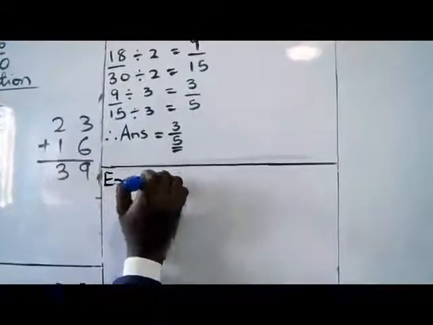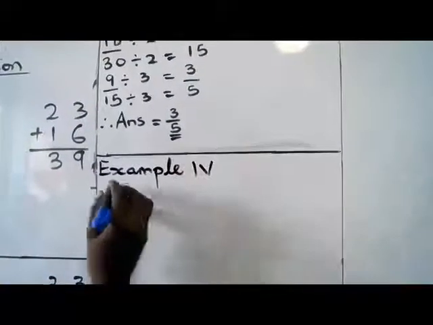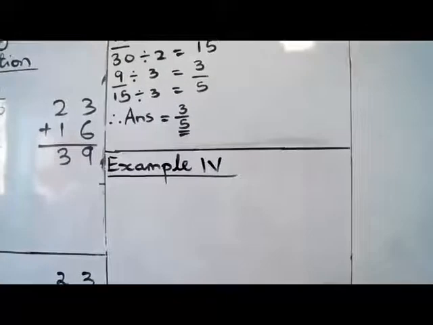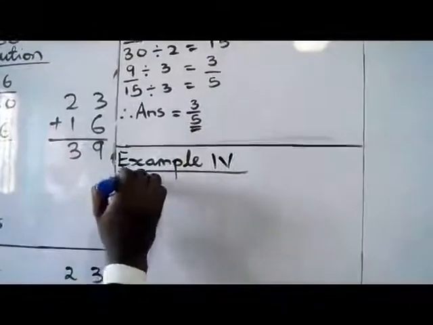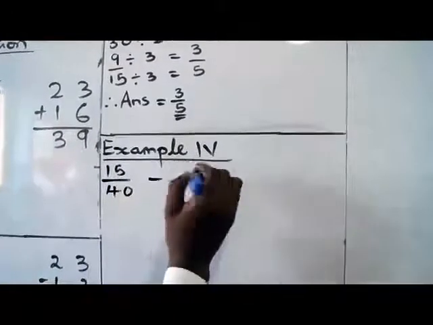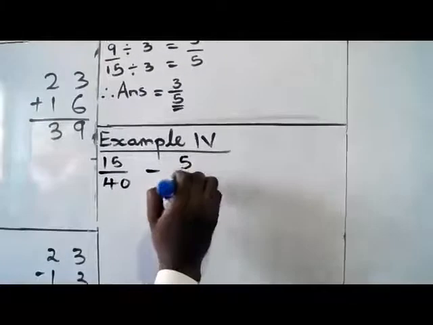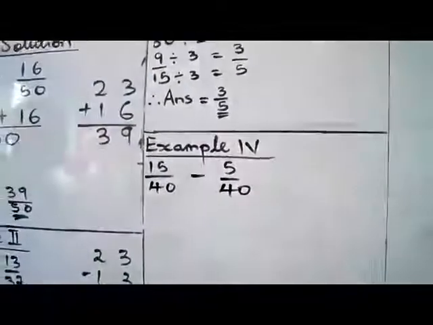That will be example 4. Example 4, we have 15 over 40 minus 5 over 40. Now somebody quickly tell me, what's the first thing to do?